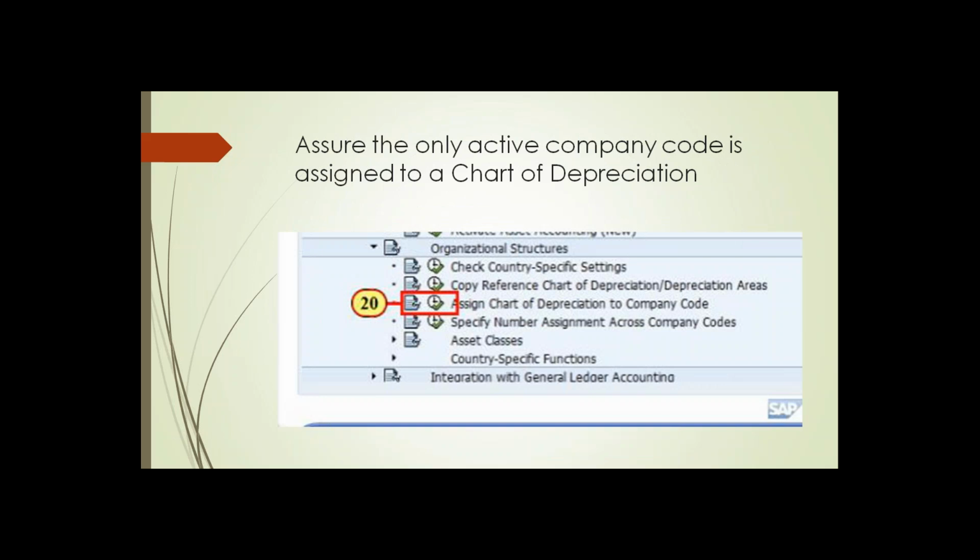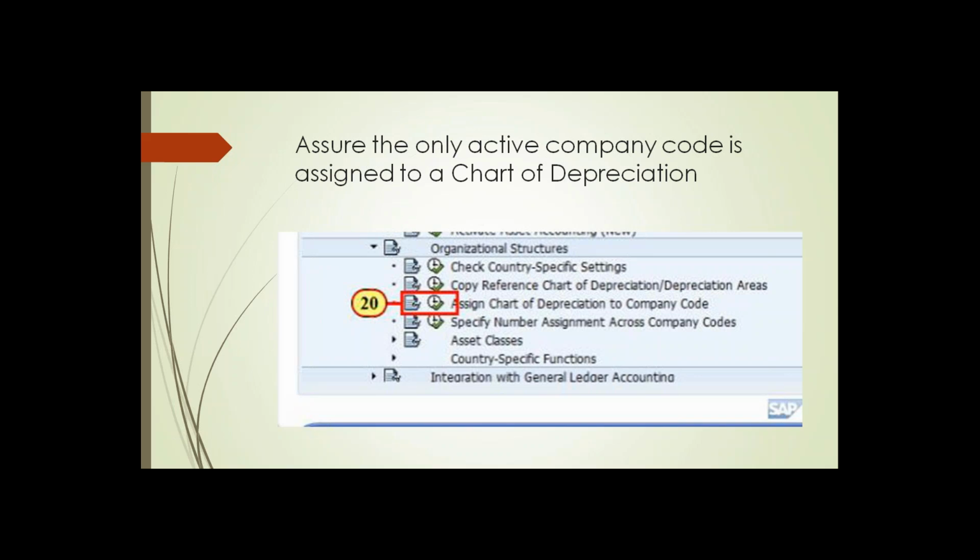So for example, if you have configured the chart of depreciation and then assigned company codes which are actually not in use, you make sure that the assignment of the chart of depreciation and company code has been reset, so that it may not create confusion.